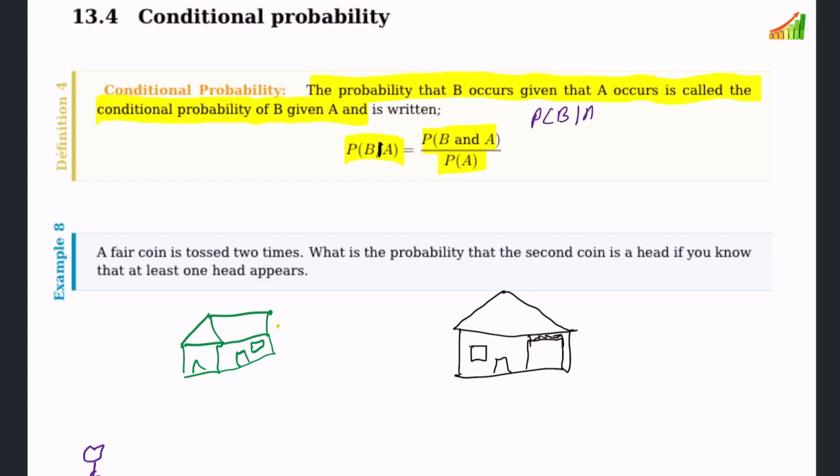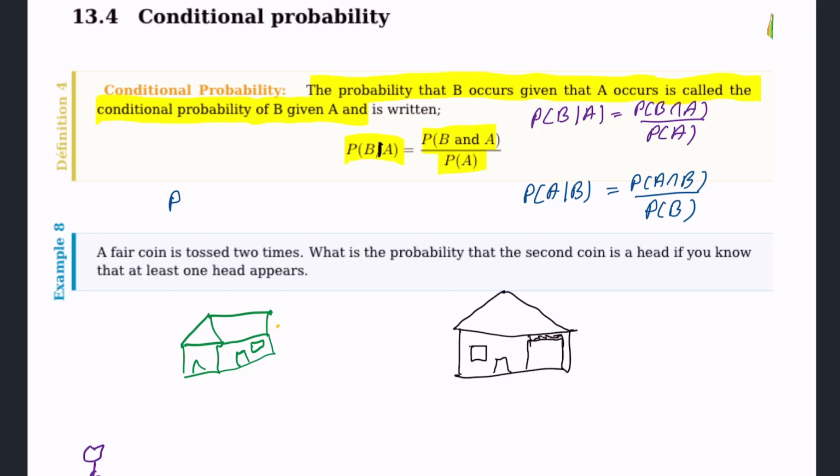Probability of B given A equals probability of B and A divided by probability of A. And also you can write probability of A given B equals probability of A and B divided by probability of B. Make sure you know this: probability of A and B equals probability of B and A. These are the same.